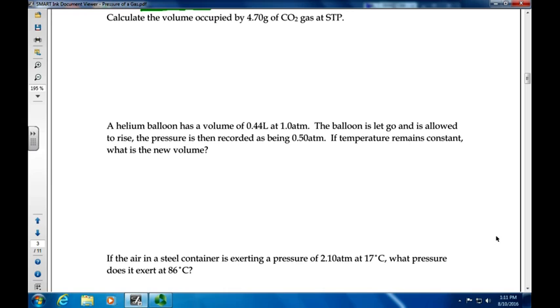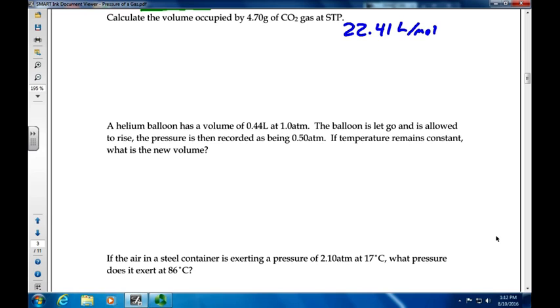And ideal gases, as you know from your book, have a volume of 22.41 liters per mole. So ideally, gases that behave as ideal gases have that much volume for every mole of gas.